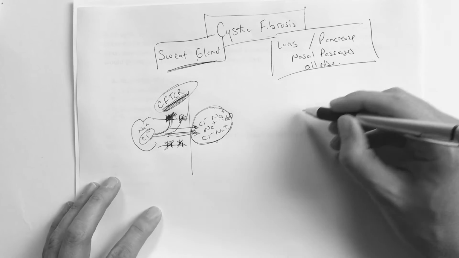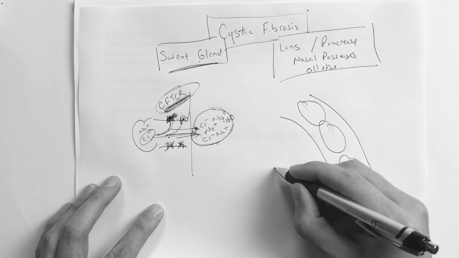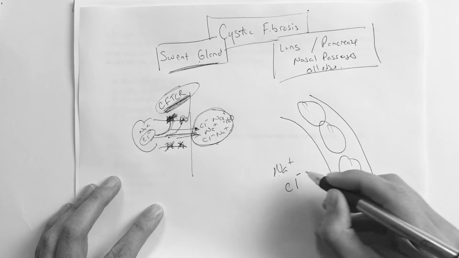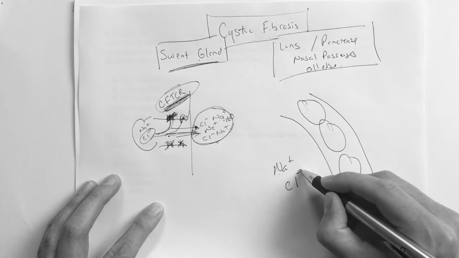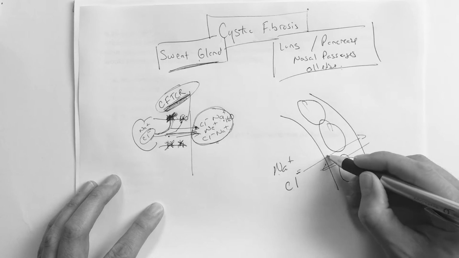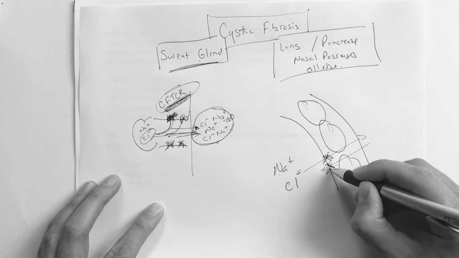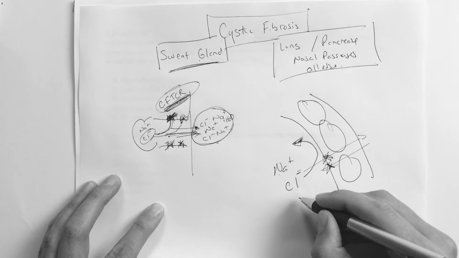Now, everywhere else in the body, you have to look at it like this. You have the sodium and the chloride, and say we're in the lungs. Normally these should be like an exchange coming back and forth, in a balance. Well, again, in cystic fibrosis, this isn't working. So the chloride can't get out.